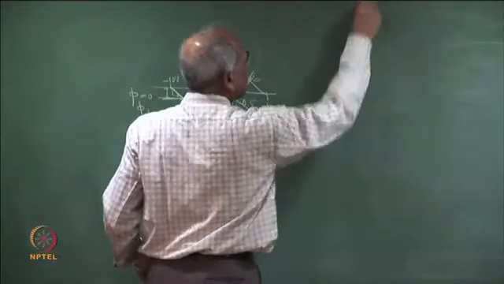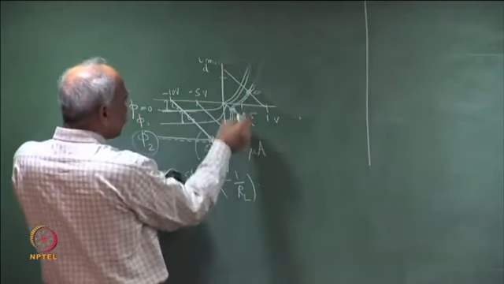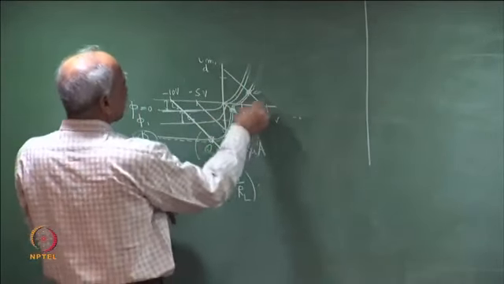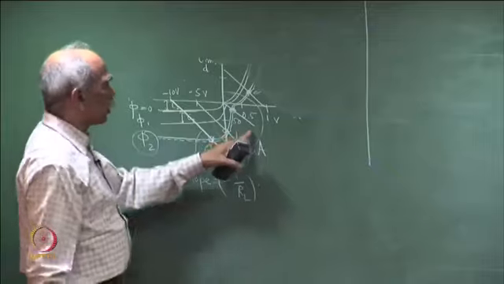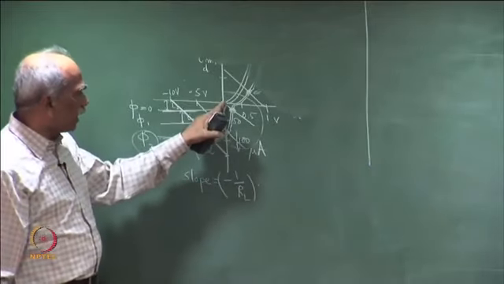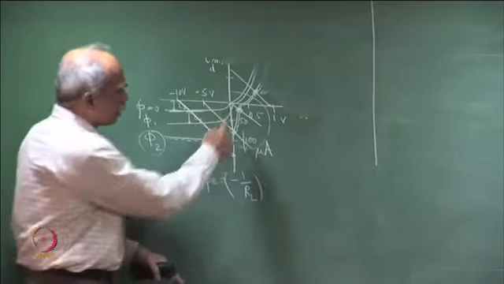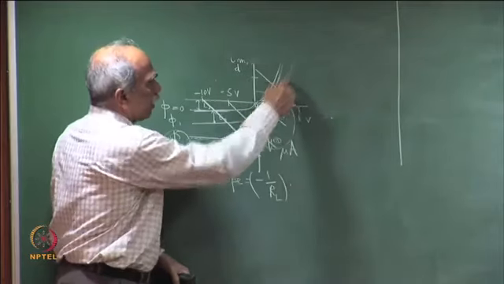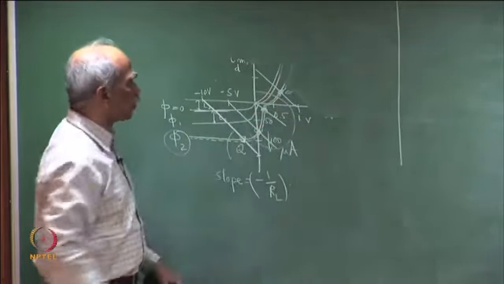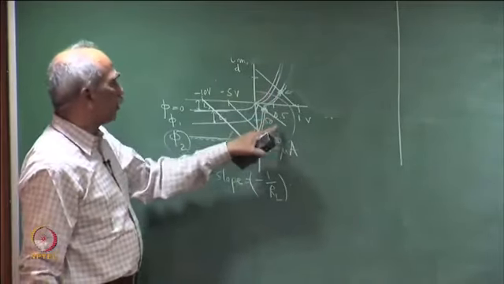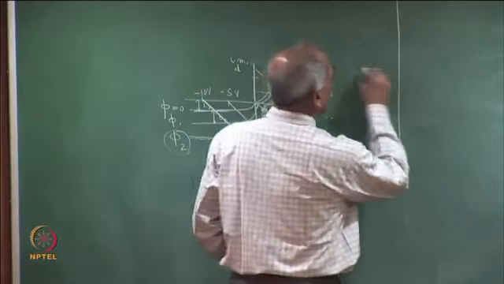So, here is the characteristic, and let me zoom this part of the fourth quadrant, because I am interested in solar cells, which means we are not applying any voltage, V B is 0. So, this is the fourth quadrant, and let me draw that.